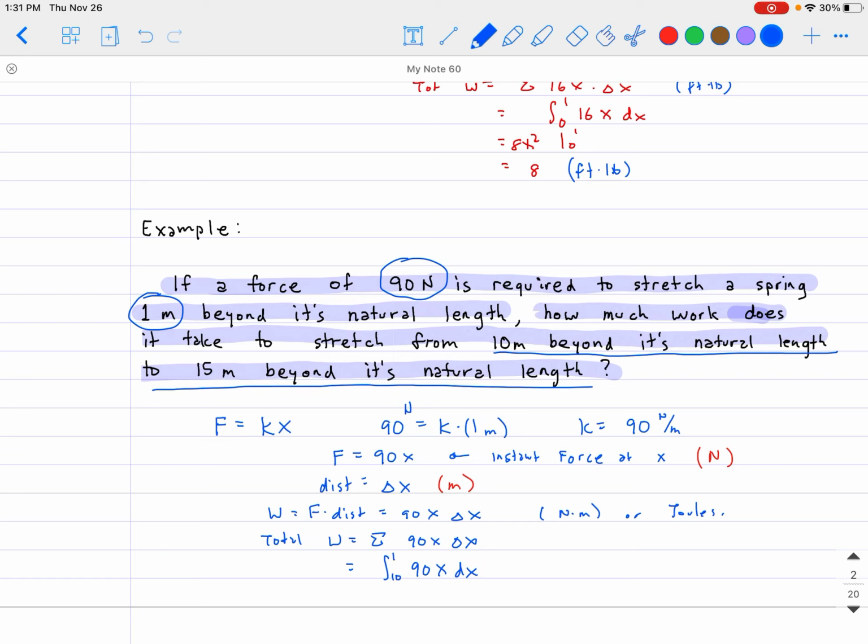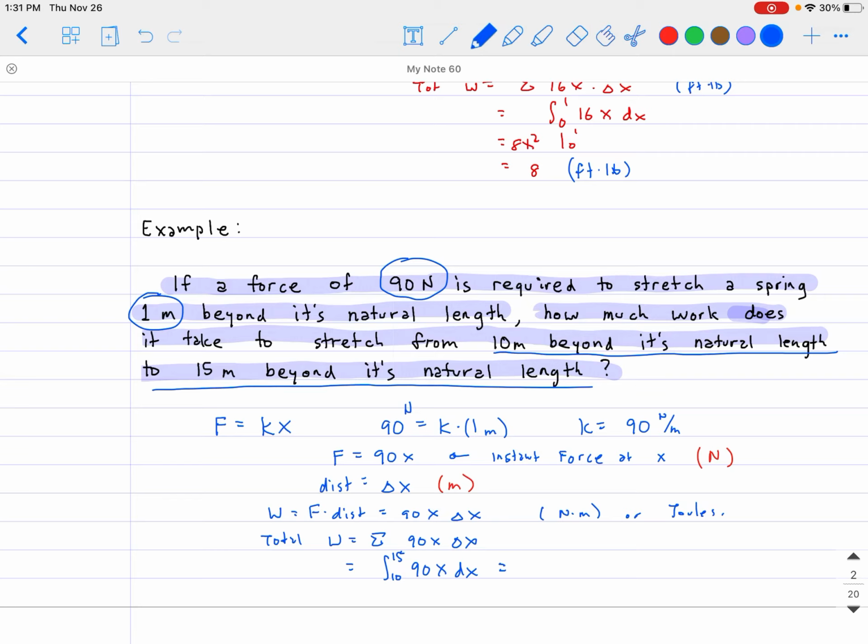So my boundary is from 10 to 15. Another way is to go from 0 to 10 and 0 to 15 and take the difference between the two, but the properties of the area under the curve allow me to just write from 10 to 15, which is a lot easier to deal with.